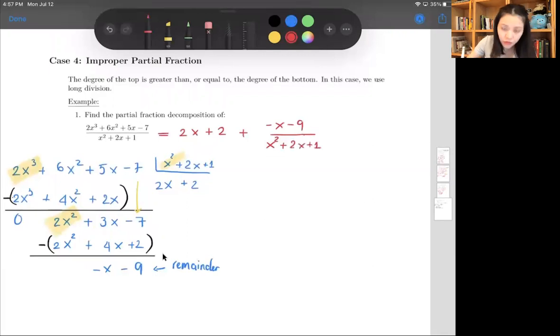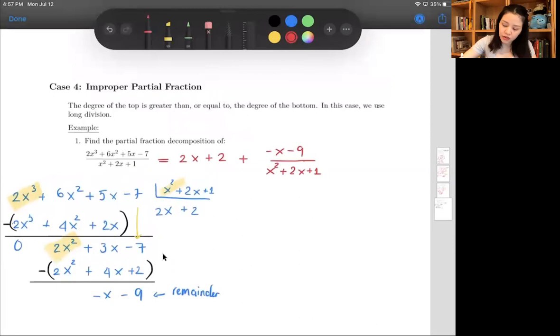Do you remember this form when you long divide a fraction that has variables? The form will be what? If I had p of x divided by d of x, p of x is the dividend and d of x is the divisor.